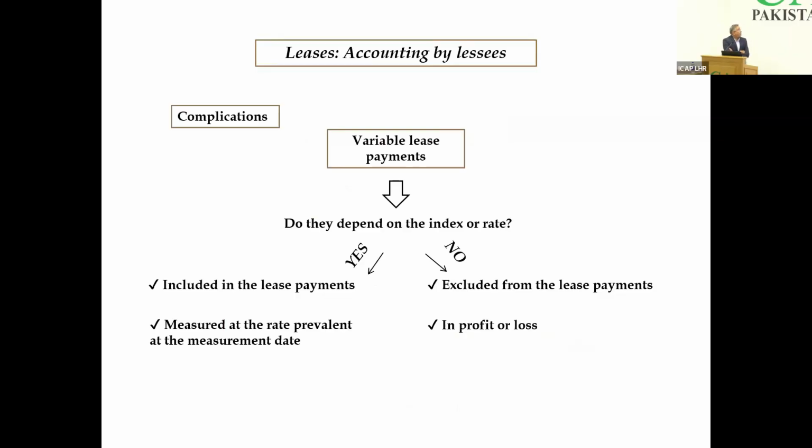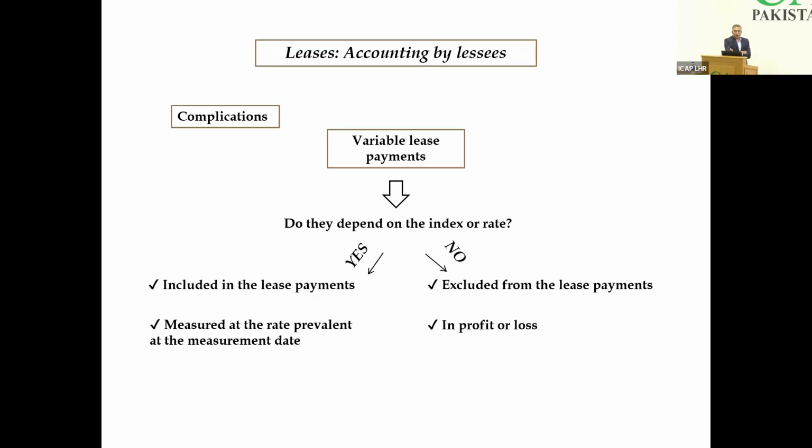Okay, if you are doing lessee accounting but you have come across certain variable lease payments, what do you do with them? Do they depend on an index or rate? If yes, then that variable part of the lease payment will become part of the lease accounting.